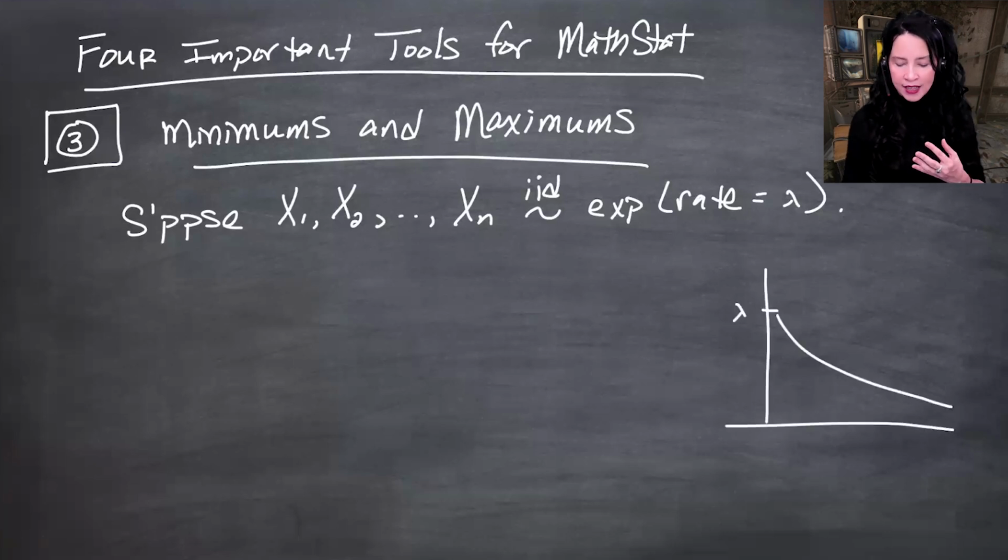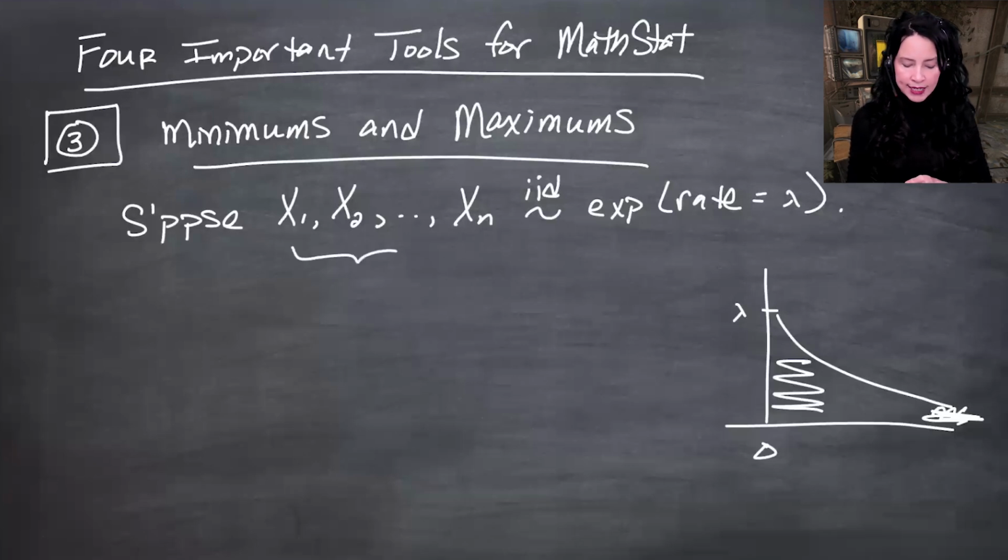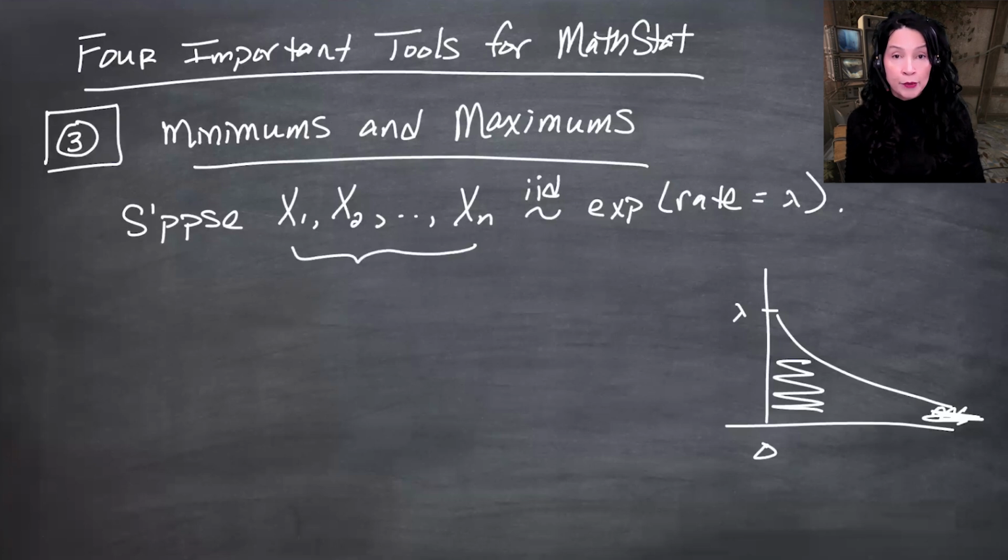We've got a PDF like this that's saying that a whole lot of area is here, not so much out here. So we're going to get more people with a height down towards 0 than we will up here, whatever up here means, because I have no scale. But if I were to sample n people, this represents the heights I will get when I do that sampling in the future. So they're still random.